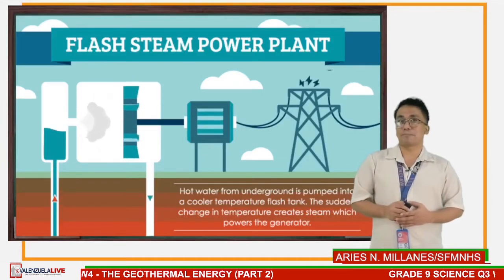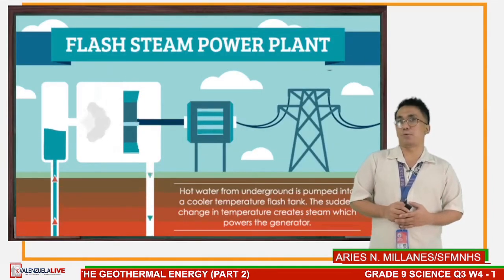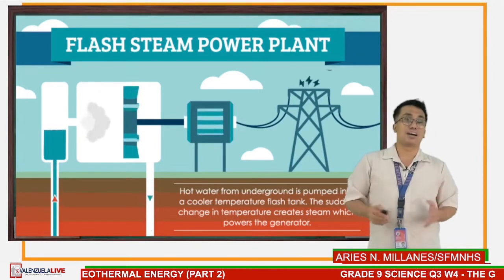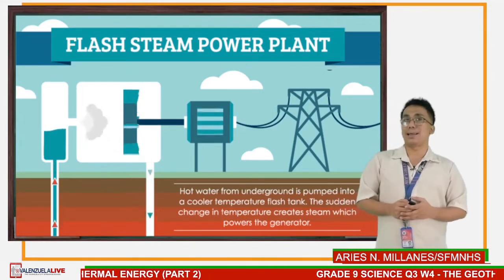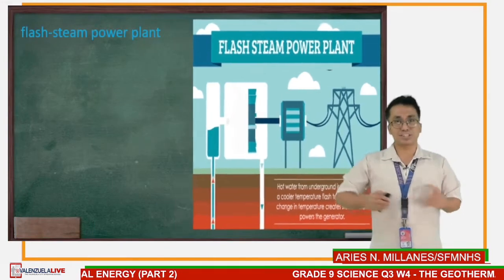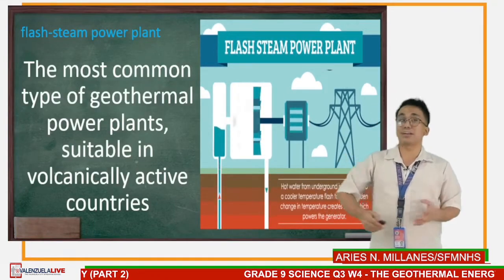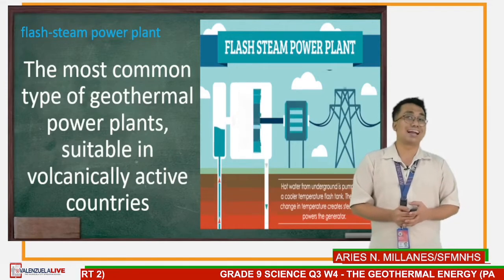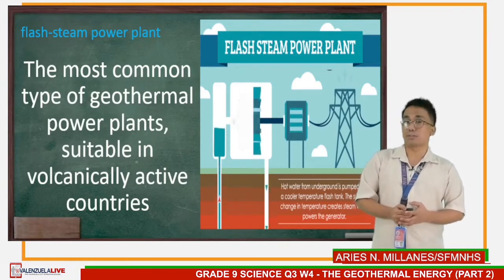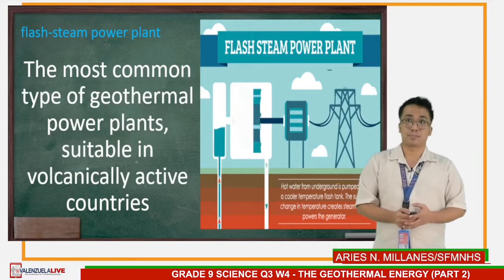Next type of geothermal power plant is called flash steam power plant. Flash steam power plants use naturally occurring sources of underground hot water and steam.